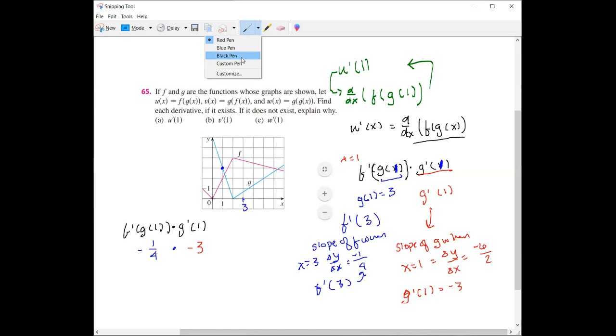And our answer is going to be positive 3/4. And that is going to be equal to this whole thing here, which is what we call u prime of 1.